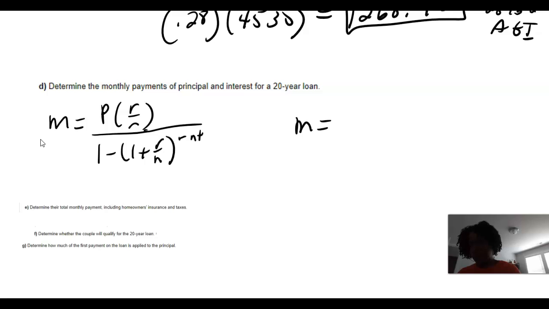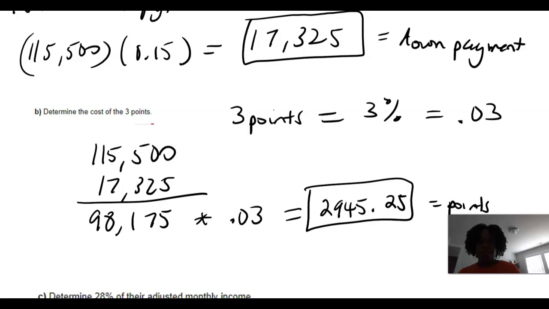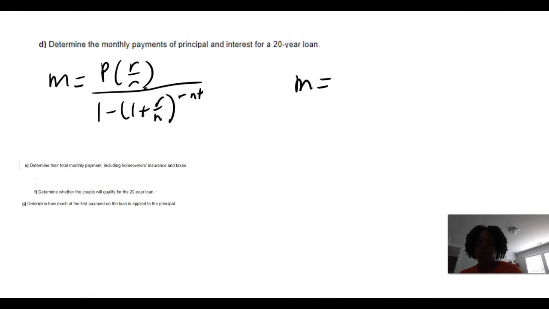And so our monthly payment is going to be based on the amount that they're borrowing, the amount of the principal. So let's scroll back up and see what that principal was. They had to put $17,325 down on a $115,500 loan. So subtract those two and we get the $98,175. That number is the principal.